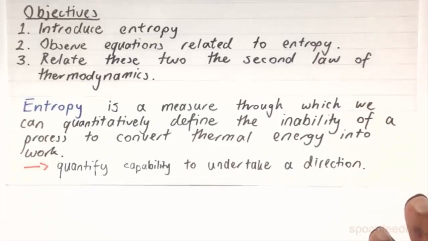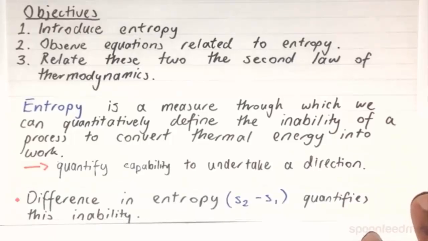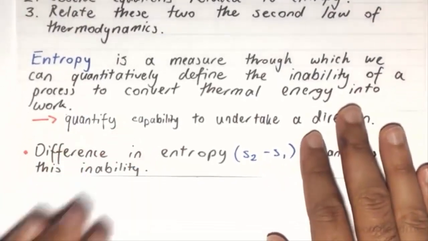Now, the way entropy quantifies this inability to convert thermal energy into work is not through individual values, such as, say, 5.22 kilojoules per kilogram Kelvin, but rather through the difference in entropy, so say S2 minus S1, and the difference between these two points in the process will provide us a measure through which we can determine whether or not it violates the second law of thermodynamics.